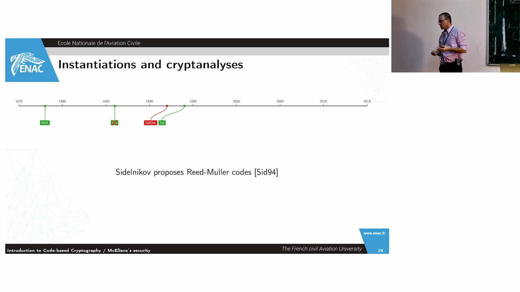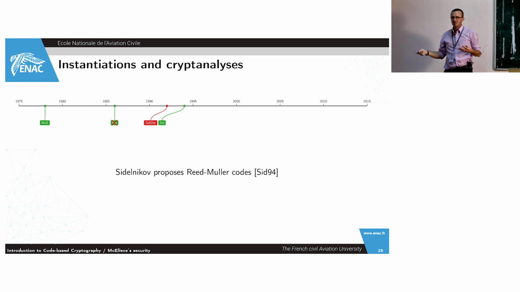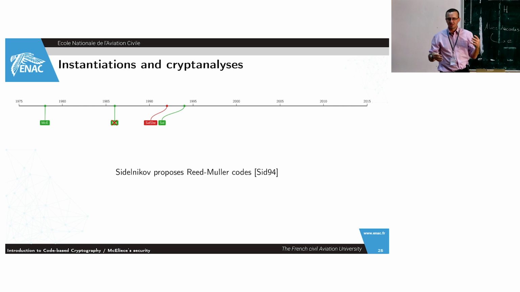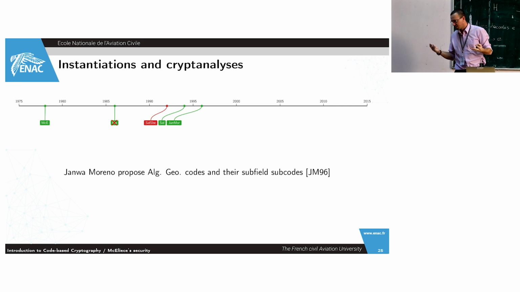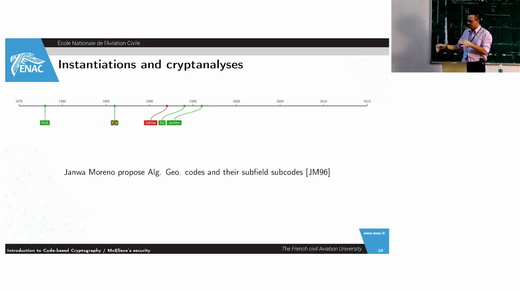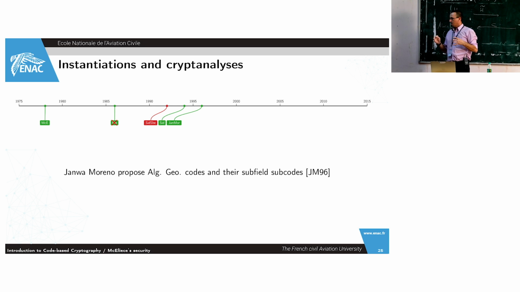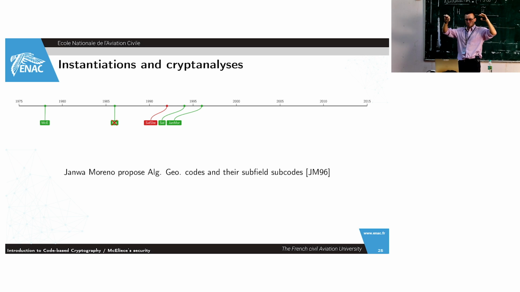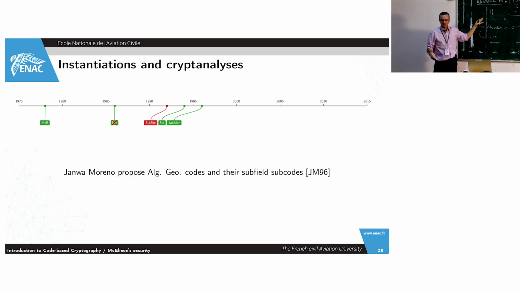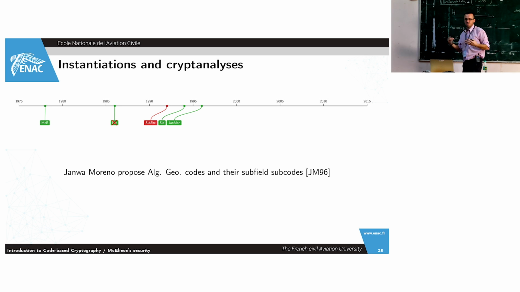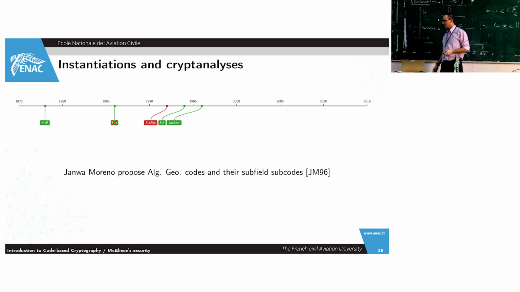Usually we use quasi-cyclicity, or work in ideals or quotient rings, to benefit from the fact that you can represent generally a full matrix using only one vector. Then you can gain a factor up to k, meaning a factor up to 500.